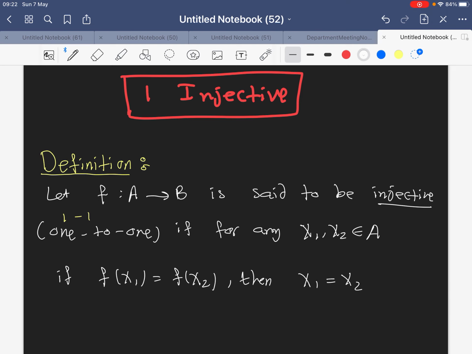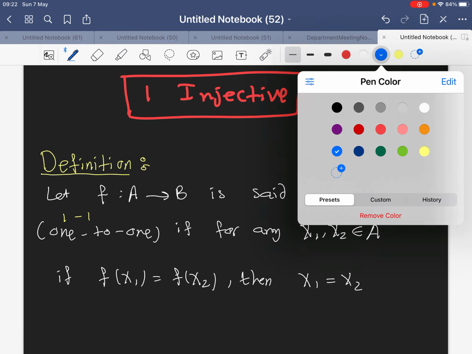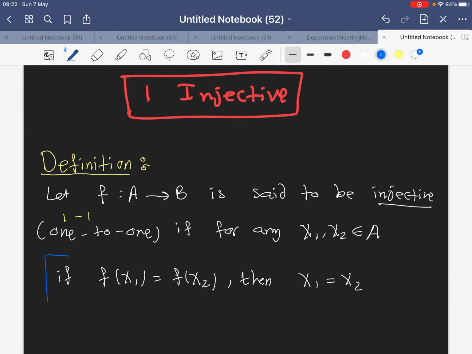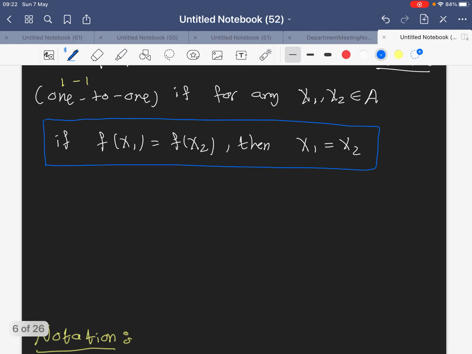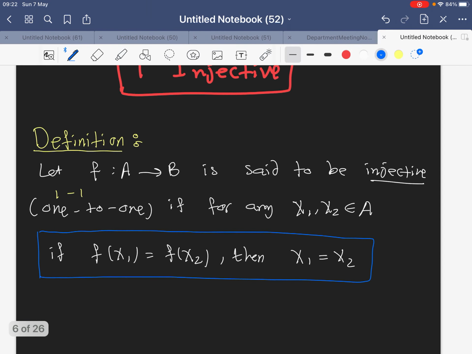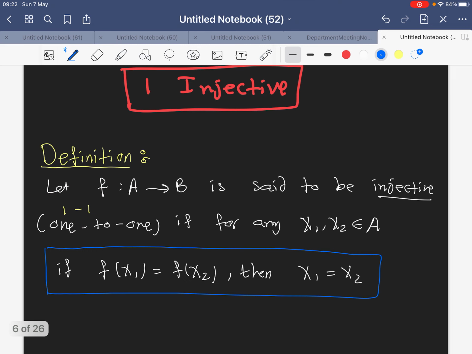It must be the same, and this is the definition of injectivity. So if we have f of x1 equal to f of x2, then x1 must equal x2. So this is what we mean by injective functions.